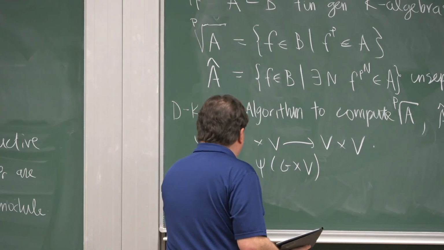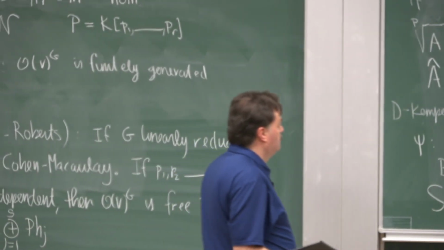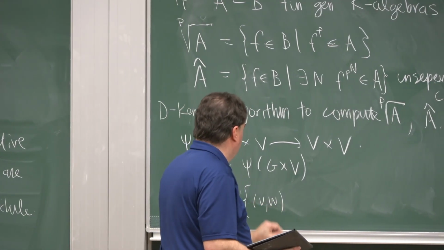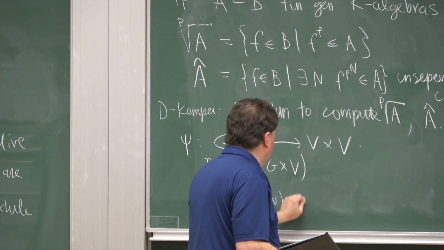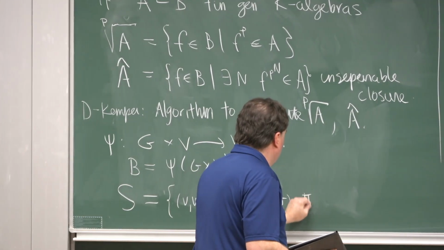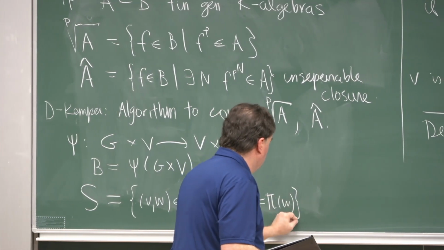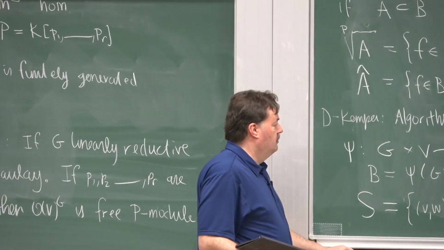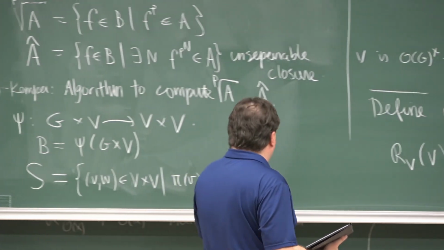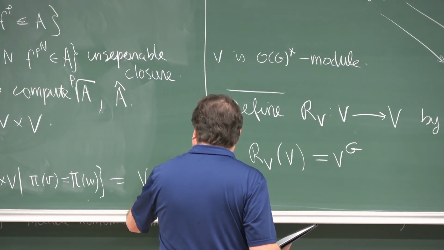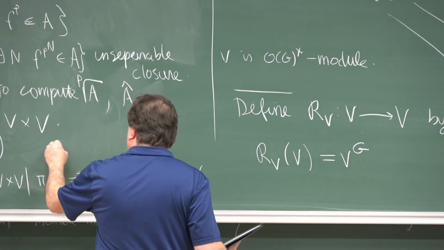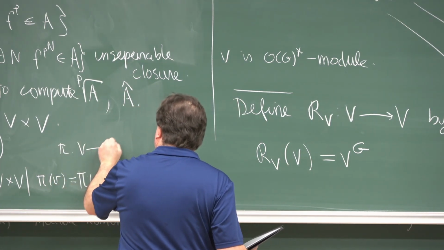And I also want to look at the set S, which is the set of all (v, w) in V cross V such that pi of v is equal to pi of w. Set theoretically, this is sort of this, so remember this pi is the quotient map.